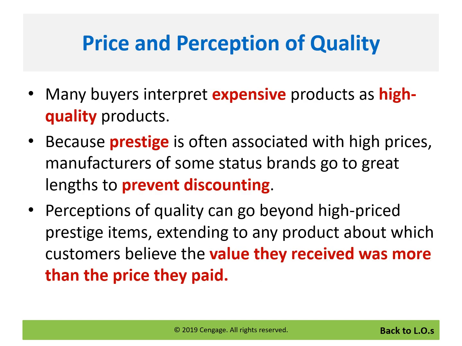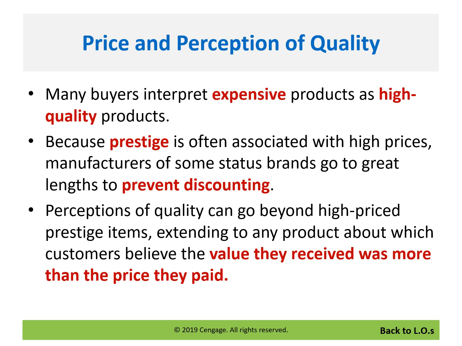Price is often an important indicator of a product's quality to prospective purchasers. Many buyers interpret expensive products as high-quality products because prestige is often associated with high price tags. Manufacturers of some status brands go to great lengths to prevent discounting. Science has confirmed just how impactful these perceptions can be.